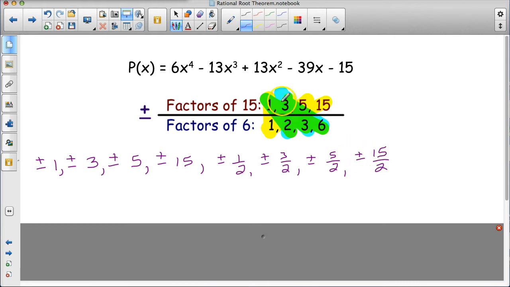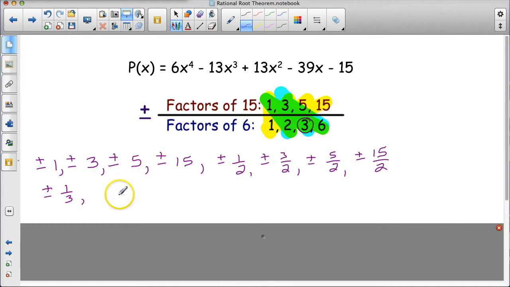Now we need to take all of the factors in the numerator and put them over the 3 factor in the denominator. But we're not going to repeat anything. In other words, we can do plus or minus 1/3 because that's not a repeat of a possible rational factor that we already have.